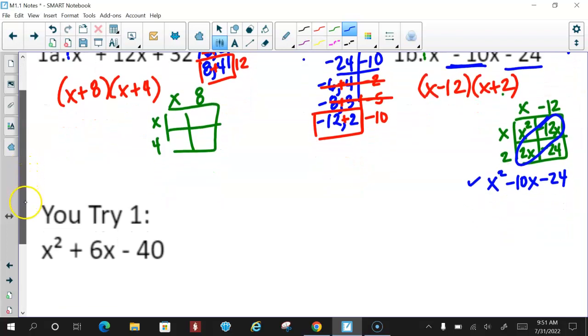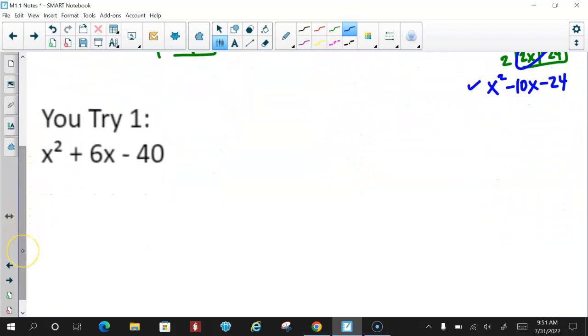So go ahead now and do this you try on your own. Pause the video, try it, and let's see what you get. And here we go. So again, notice how the leading coefficient is 1. So I'm going to go ahead and set up my table, right? What numbers multiply to get you negative 40 and add to get you 6. That's how we're supposed to set this one up. Again, notice how we're multiplying to get a negative, so I know I need a positive and a negative. But notice how they're adding to get a positive, so I know my larger needs to be positive.